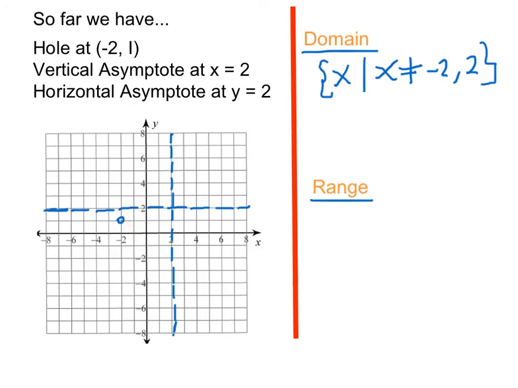So the range for this function is y such that y not equal to 1 and y not equal to 2, which corresponds to the hole at y equals 1 and the horizontal asymptote at y equals 2. The summary of the properties will be displayed on the next screen.